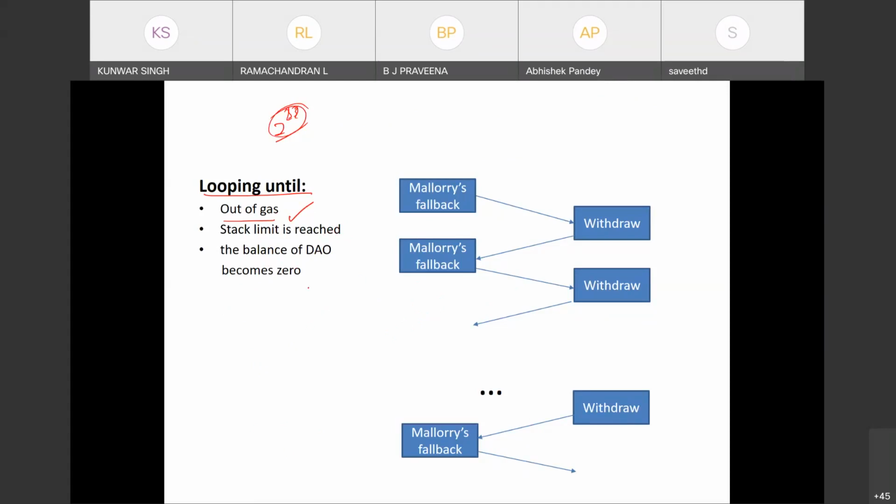Because of this, they were able to get the full money. The balance was about to reach 0, but somehow the organizers saved 2/3 of the money. They saved that because of the hard fork. Is this much clear?